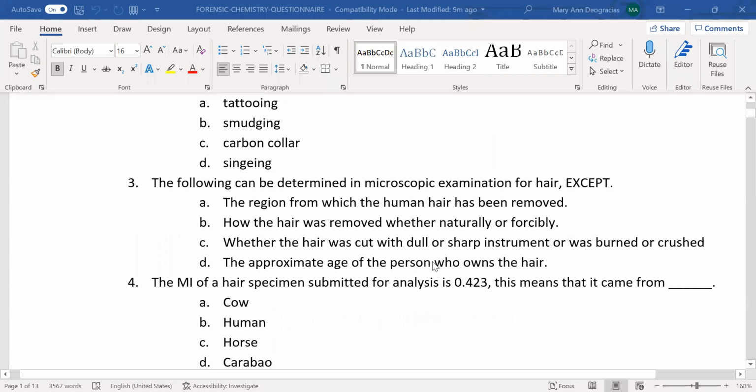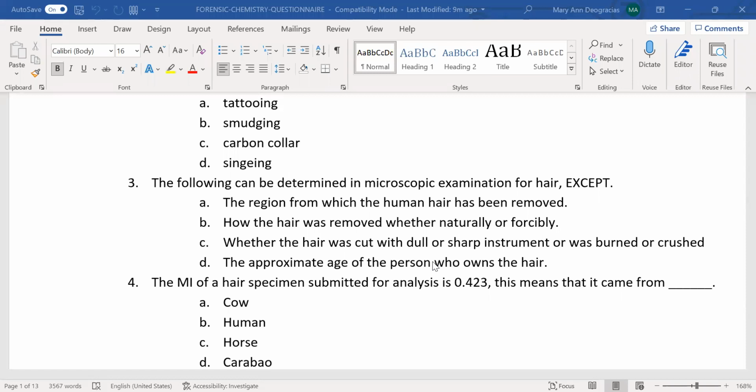Number 3, the following can be determined in microscopic examination for hair except A, the region from which the human hair has been removed, B, how the hair was removed, whether naturally or forcibly, C, whether the hair was cut with dull or sharp instrument or was burned or crushed.